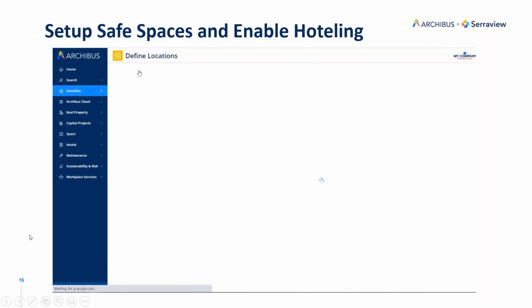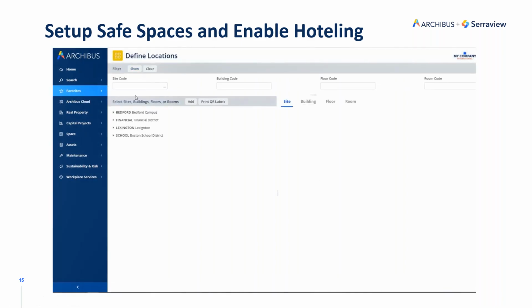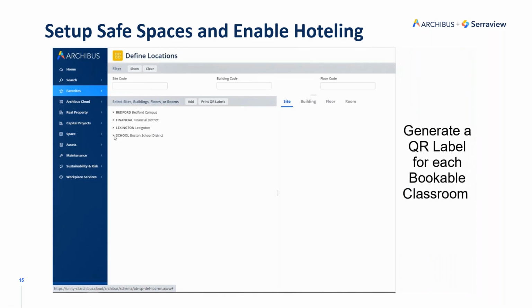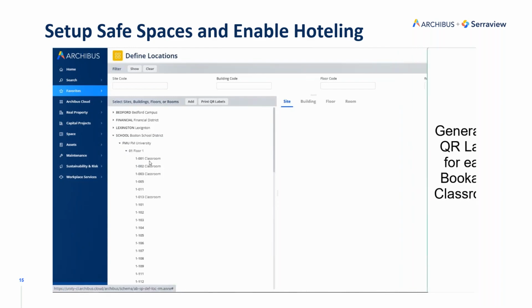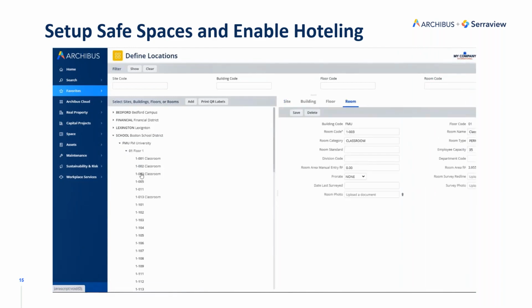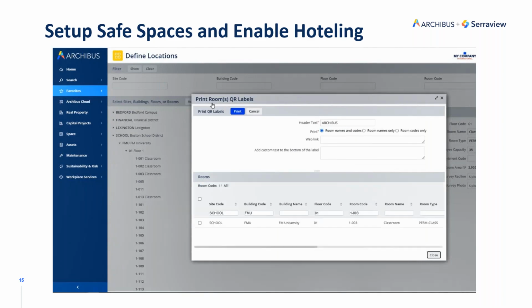Now, another way of doing that is just defining a specific QR code and then pasting or taping it outside of the door of the classroom. So in this case, in the defined location under the defined rooms views, you actually go find that individual location or the individual room. You can apply a label if you want to.